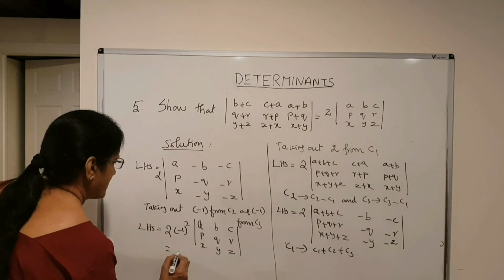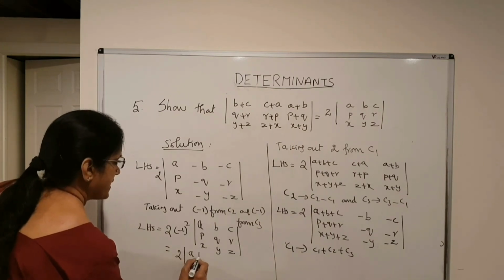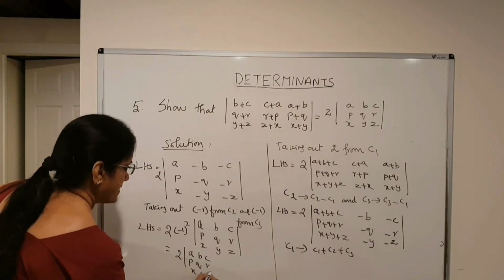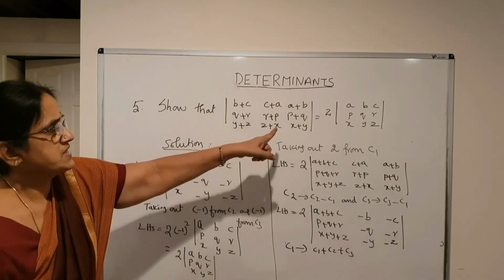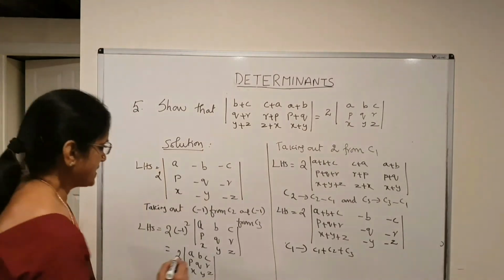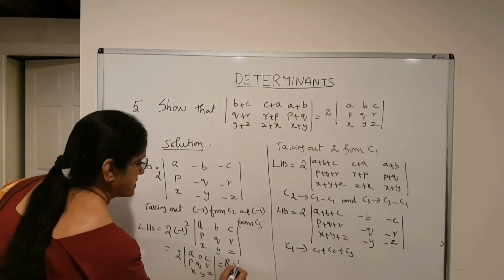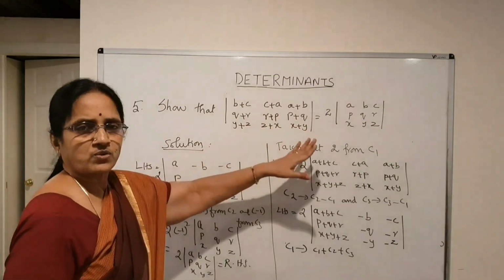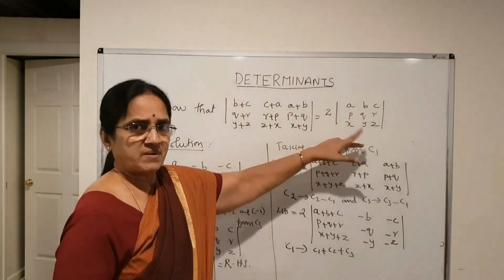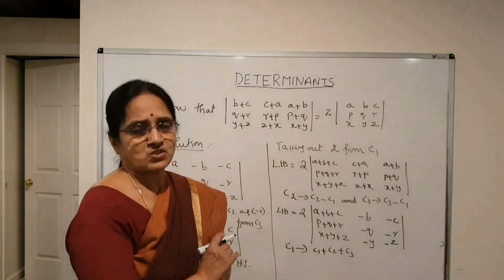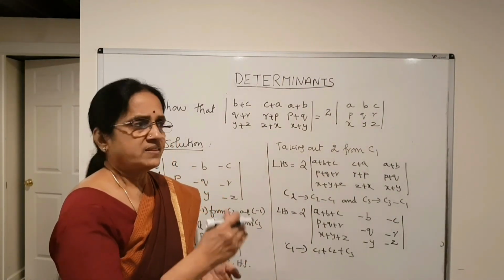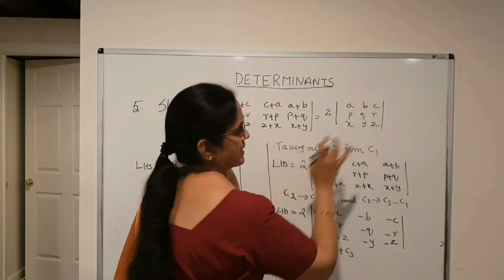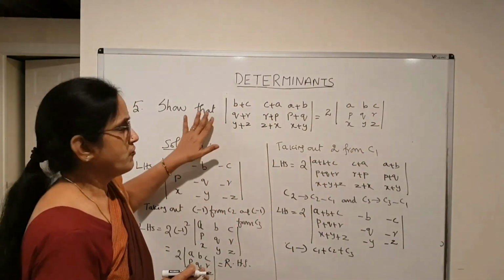So, this is nothing but 2 into determinant A, B, C, P, Q, R, X, Y, Z, which is equal to RHS. Therefore, this determinant is equal to 2 times the determinant A, B, C, P, Q, R, X, Y, Z. Hence proved. Then you need to rewrite the answer. You have to write this entire statement. That will be the final answer.